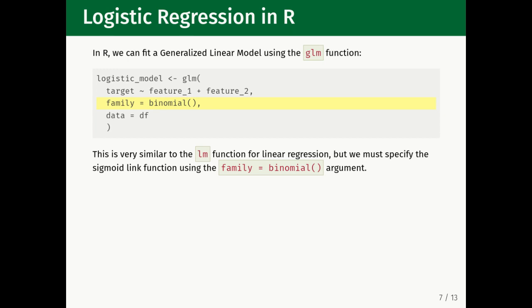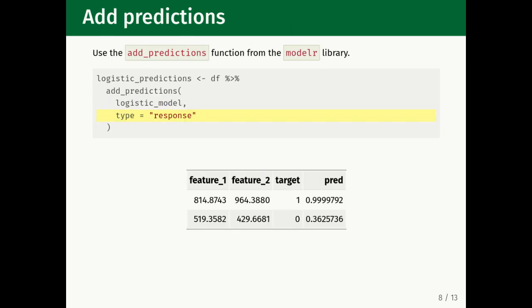Once we have the model, we can use it much like we would use the results of a normal linear model. For example, we can use the add predictions function just like we did with the linear model to create a predicted y value. However, we do need to add in the type equals response argument to make sure that the predicted values are the output of the sigmoid function, that number between 0 and 1 that you can see here in the pred column.